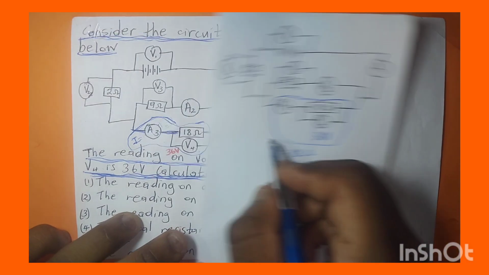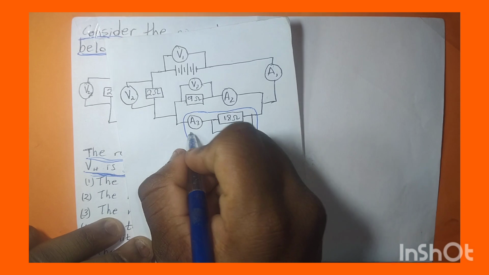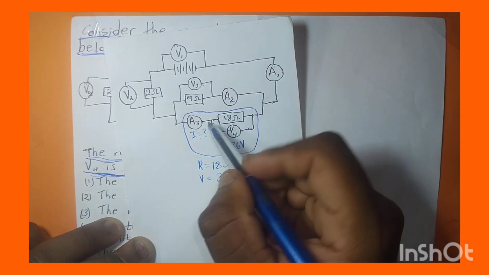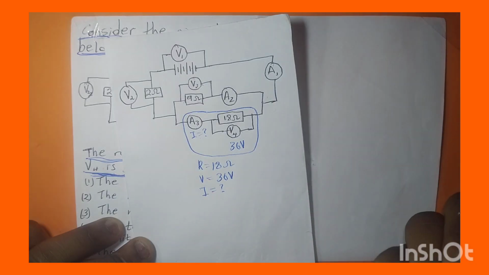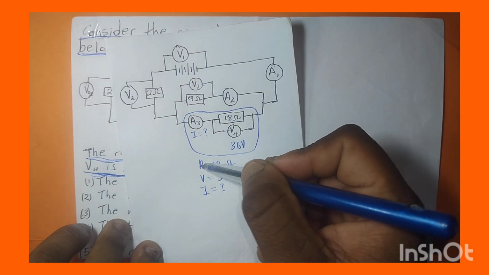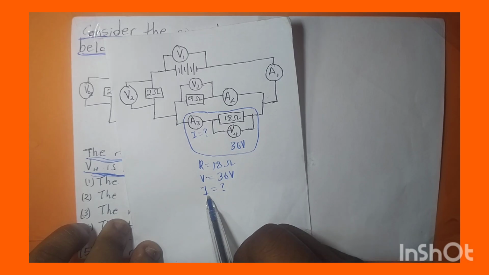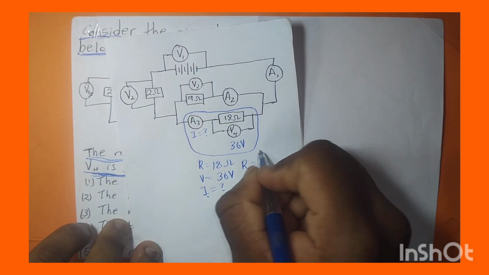But now they need you to calculate the ammeter A3, meaning the current passing through this ammeter. So we have a resistor, we have a voltage, and we are looking for a current, meaning that we can use Ohm's equation.